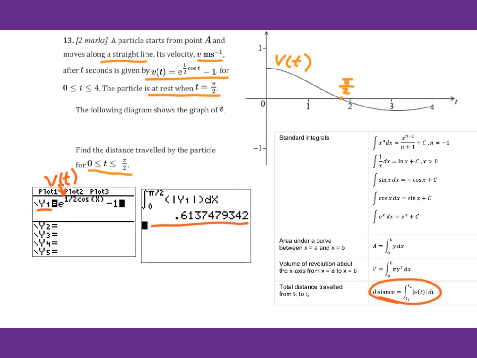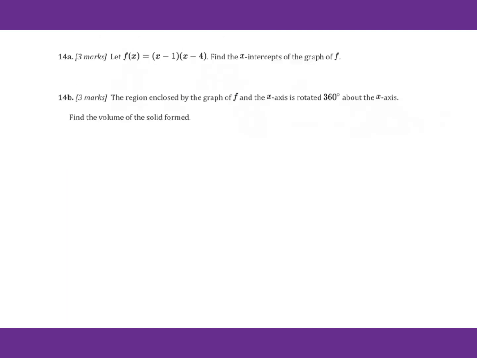You will get 0.614. So the distance equals 0.614.